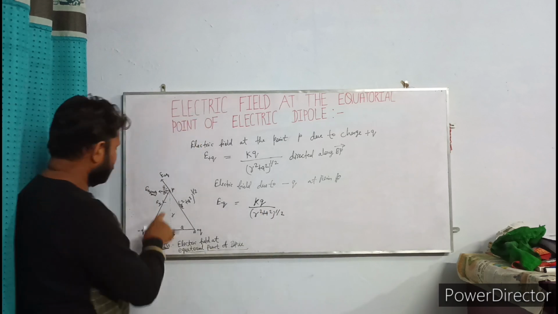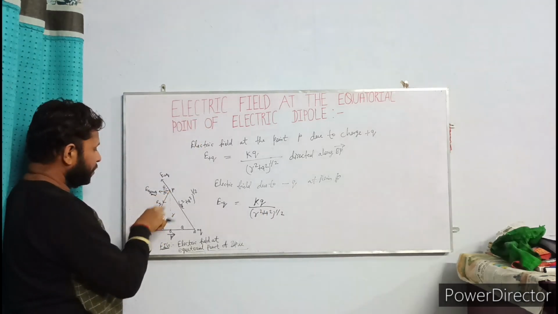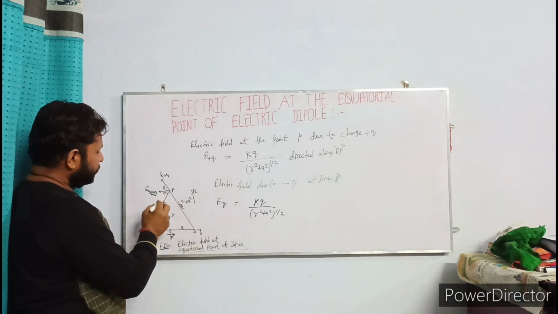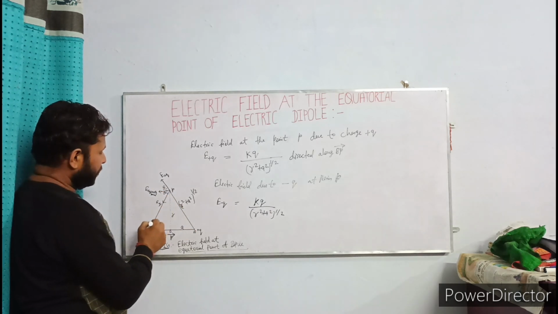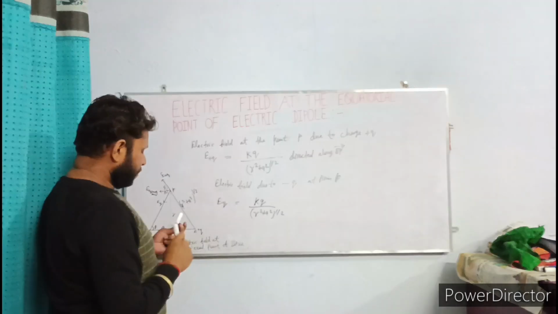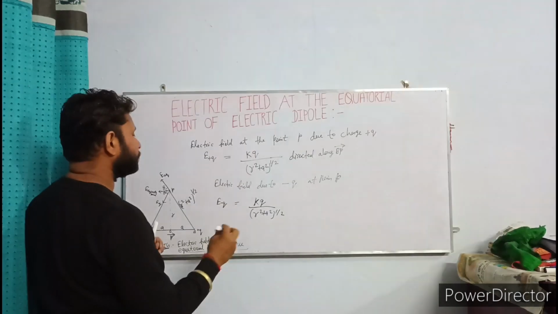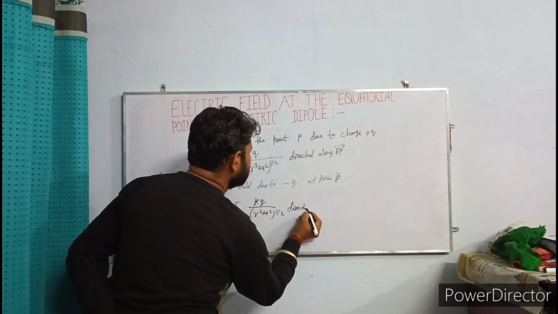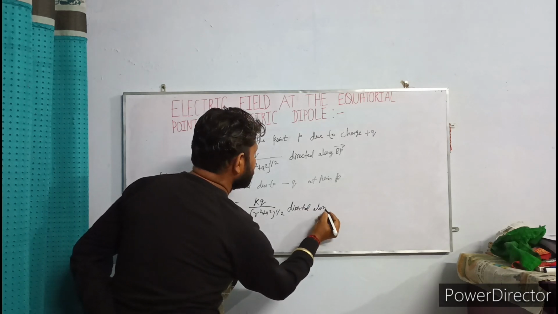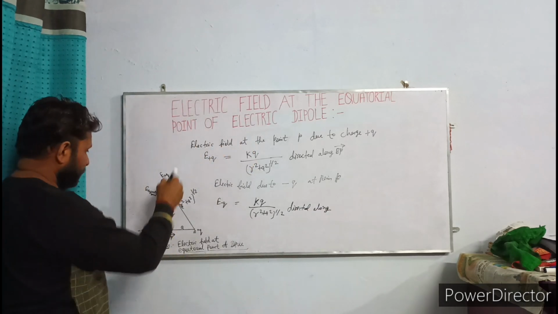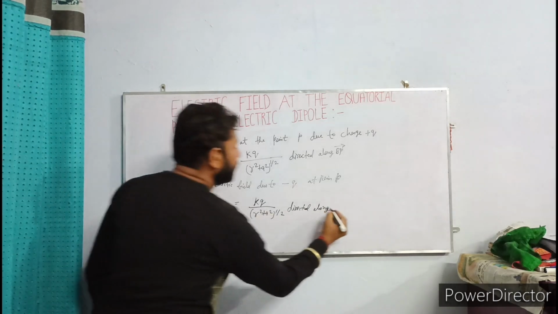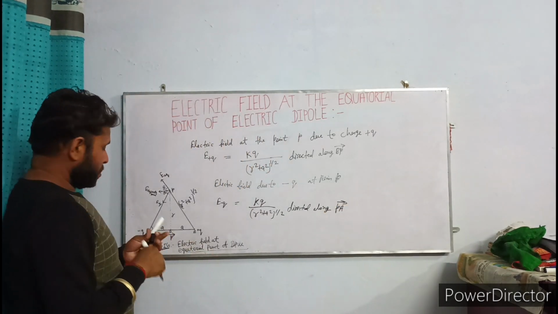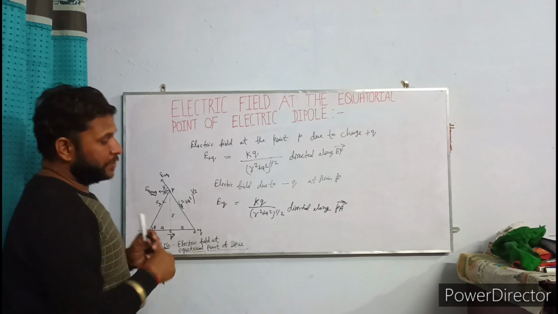Here we can see that it takes the same distance, so we take this distance r square plus a square, power 1 by 2. Okay, students, directed along, what is the direction? This direction, PA. Okay, students, please note down this.